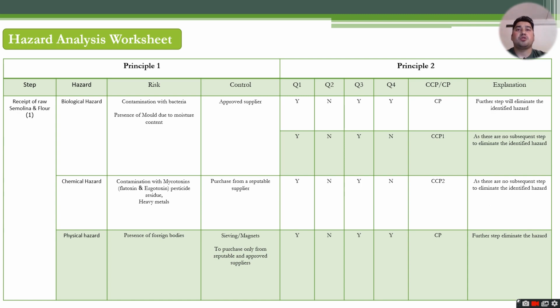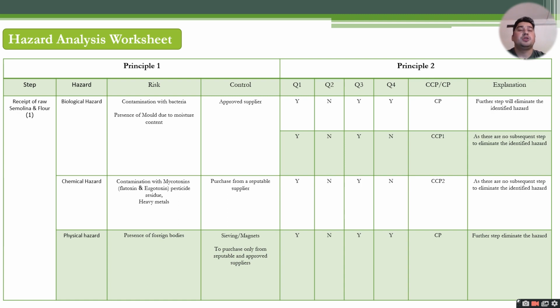We have to ask questions 1, 2, 3, and 4, and determine whether this receiving step is a CCP for this particular product or not. How to determine the CCP and how to ask these questions, I will explain in a later video. But here I will tell you: question 1 is yes, question 2 is no, question 3 is yes, question 4 is yes.